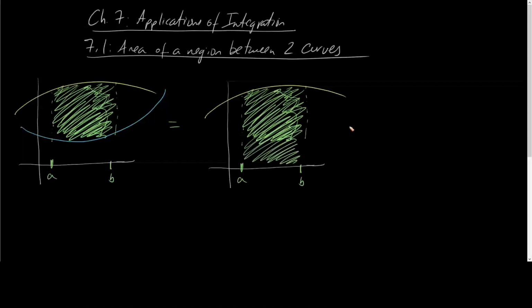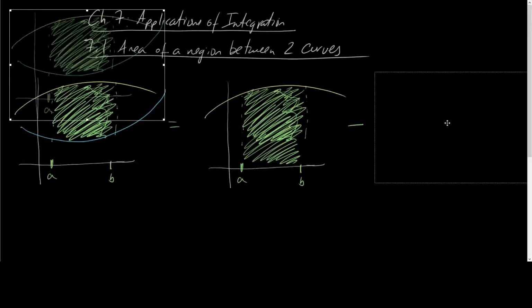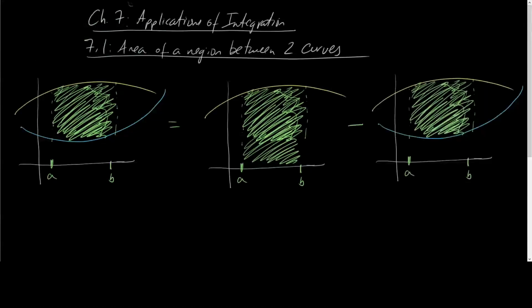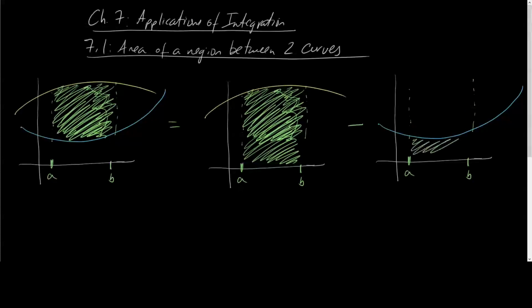And then subtract the smaller area. So in here, we can get rid of all this top stuff, and we're going to subtract this region down here, right? So that's the main idea there. To figure out this area over here, we take the area under the bigger curve and subtract the area under the smaller curve. All right.